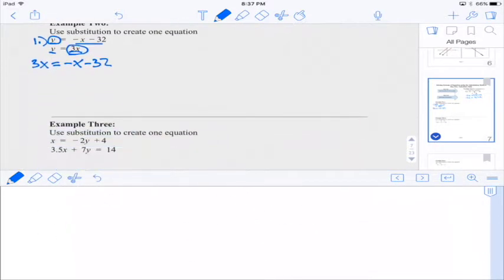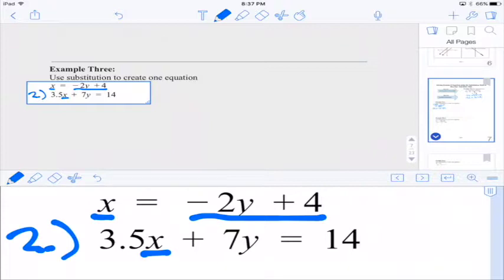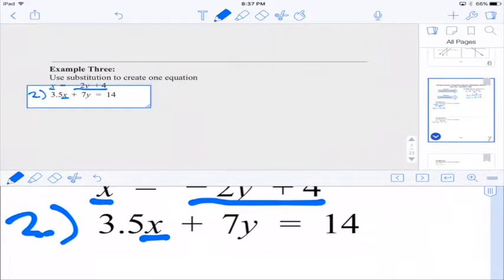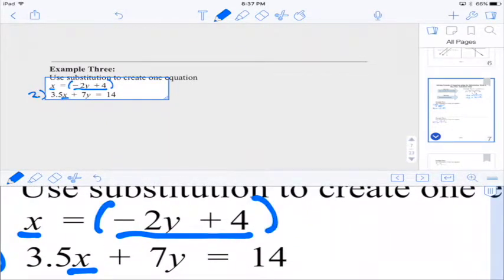All right, number 3. I have this equation already solved for x. I have x by itself. So I'm going to substitute negative 2y plus 4 into this second equation for x. I'm going to write everything the same in equation 2 except that x, and instead of x I'm going to write all of this.